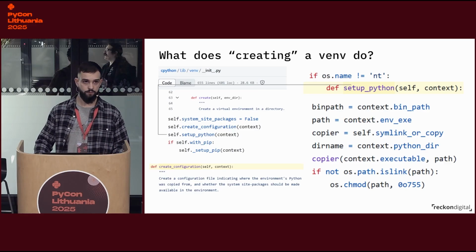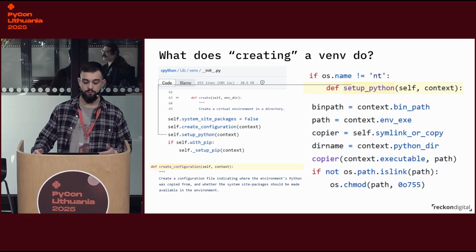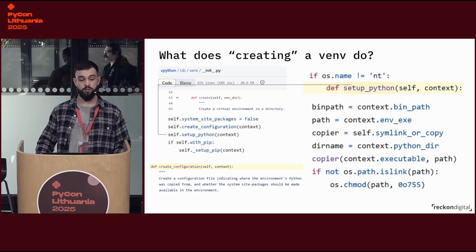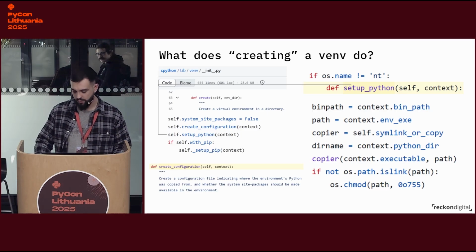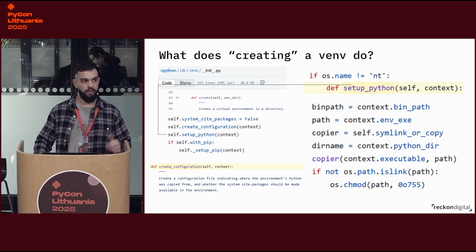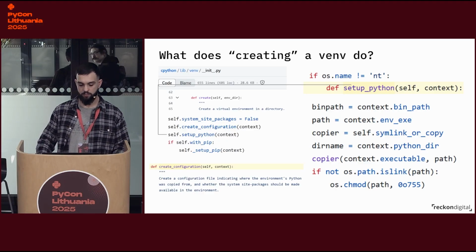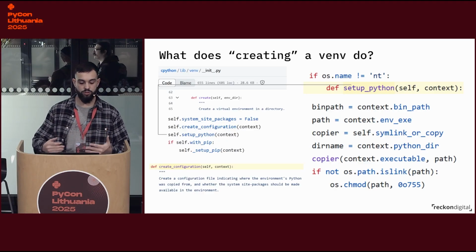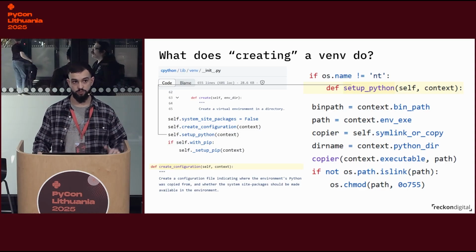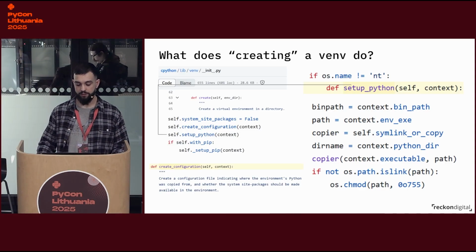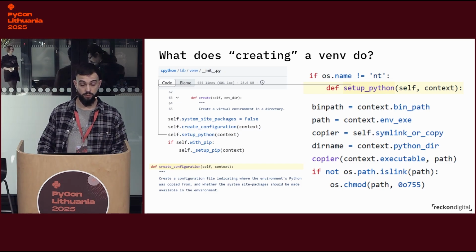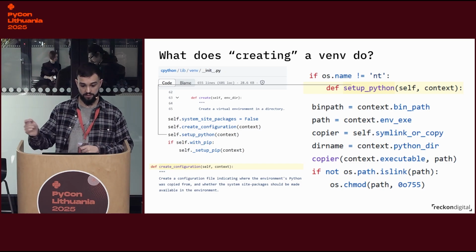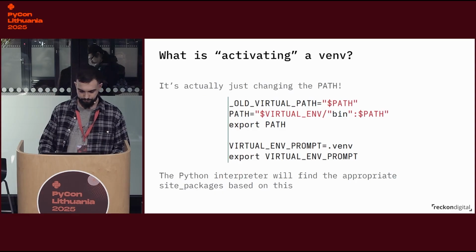As you see, the default operation is to symlink to the executable information that it has fetched. So what the creation step does is just generate all of the folder structures that you saw before, set up the files, and create the symlinks for the Python binary from your file system to the virtual environment.